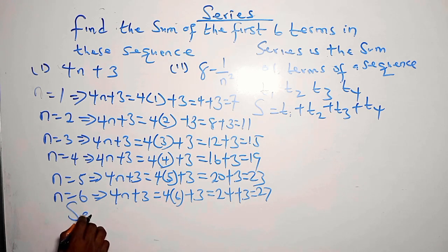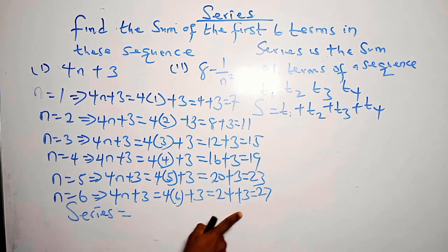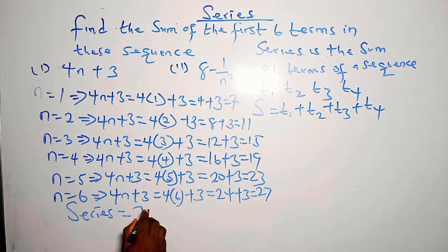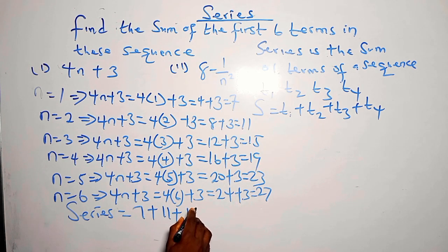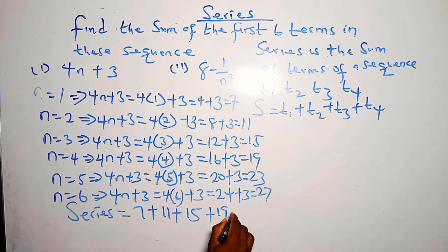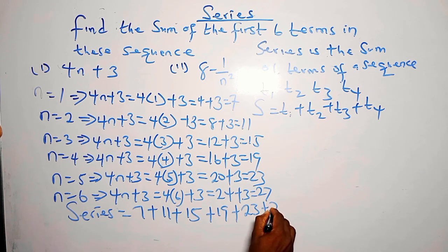To obtain our series, we have to add up all these terms of the sequence. So we have 7 plus 11 plus 15 plus 19 plus 23 plus 27.